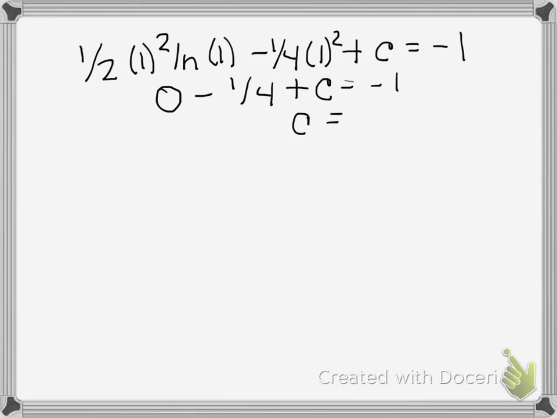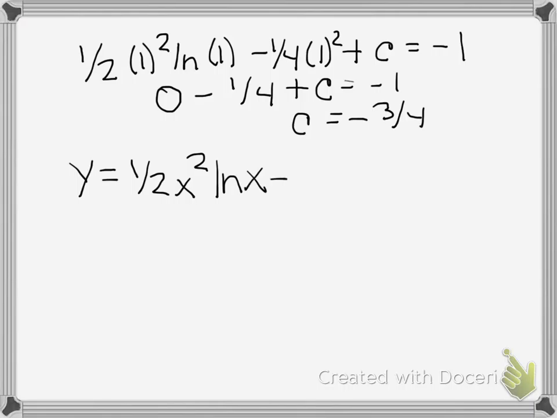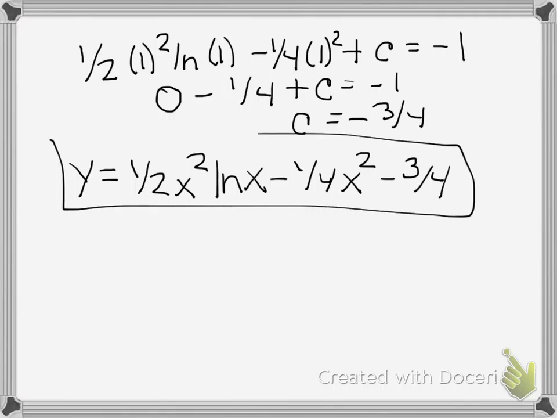Or solving for c, we get -3/4. So our final answer is 1/2 x squared ln x minus 1/4 x squared minus 3/4. Awesome job.